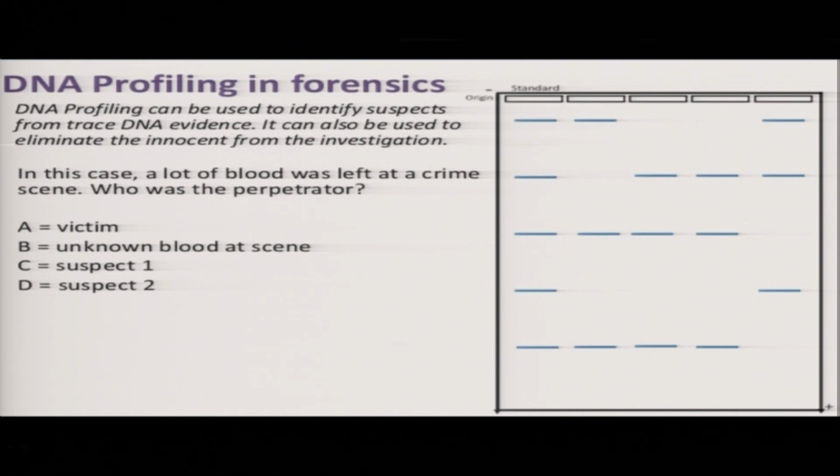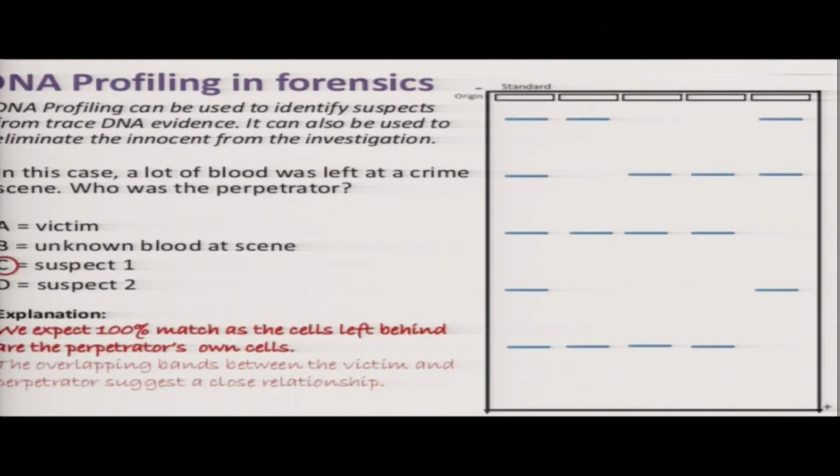And then we're able to find our criminal. And there we go. Still, we must have 100% match. Again, we need to look for situations in which we have so many of the lines mirroring that the overlapping bands between the victim and the perpetrator suggest a close relationship.